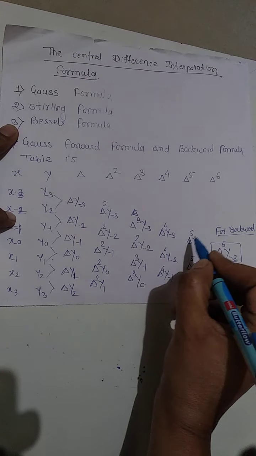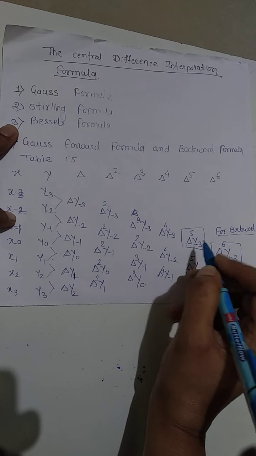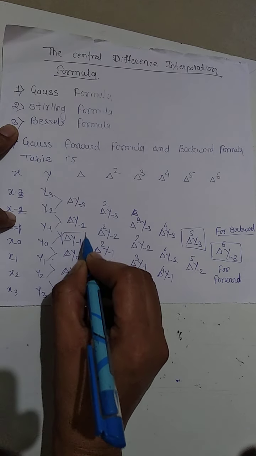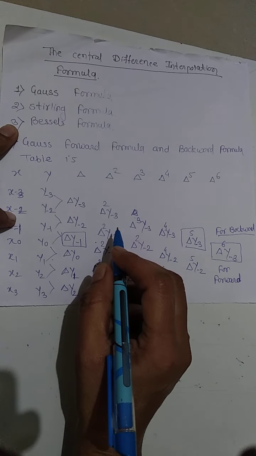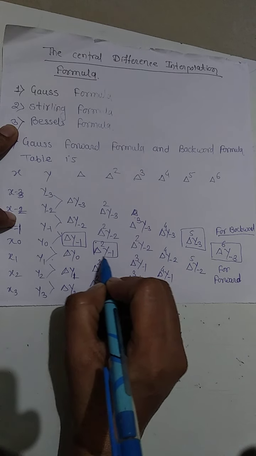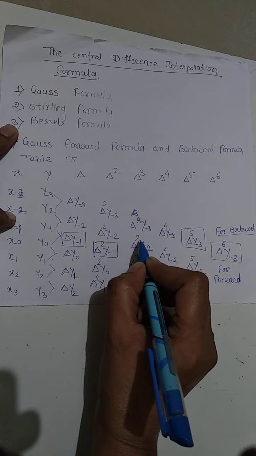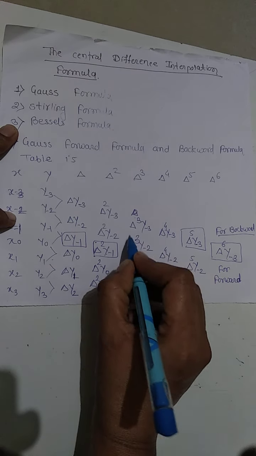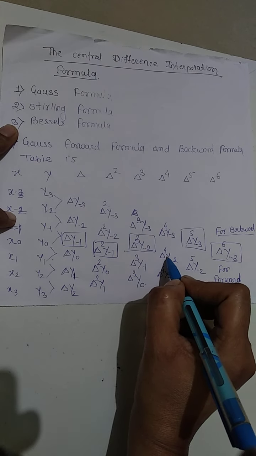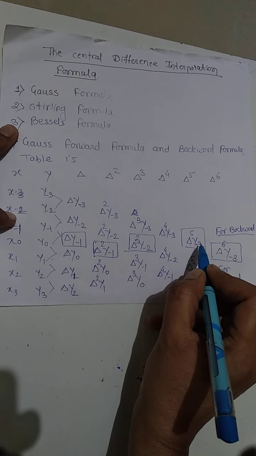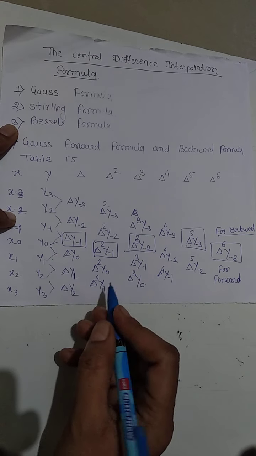Then this, and write this: del y1 minus 1, del square y minus 1, del cube y minus 2, and del raised to the power 5 y minus 3. These are the backward operators.